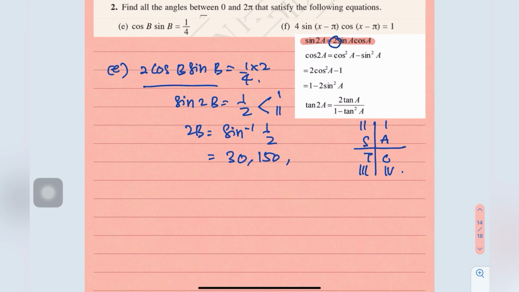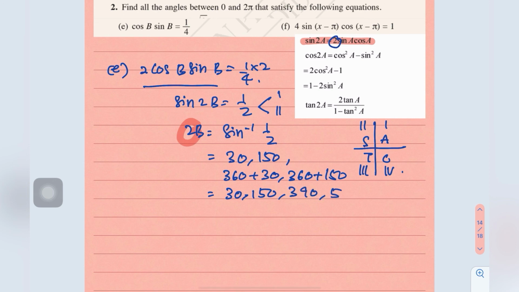For the second cycle of sine 2b, we have 2 cycles, so 360 plus 30 and 360 plus 150. This gives 30, 150, 390, and 510. These are the values of the angle 2b.